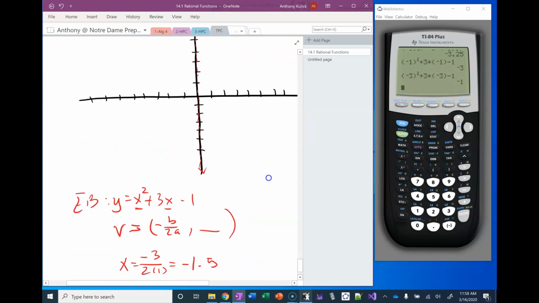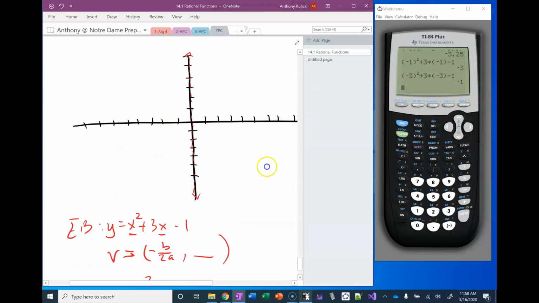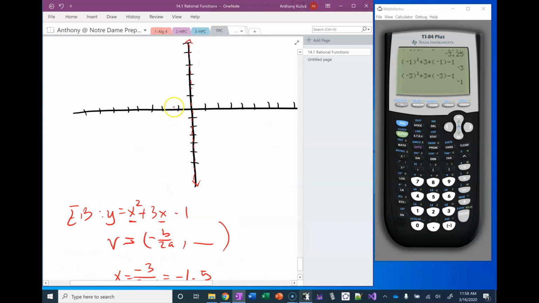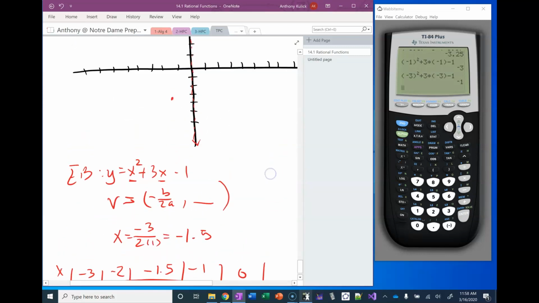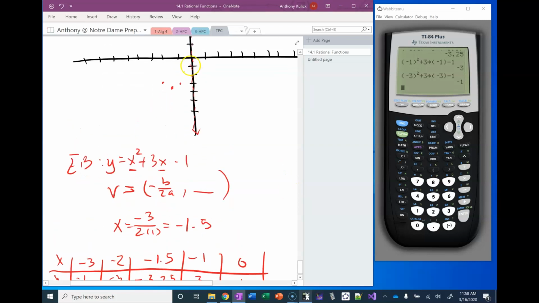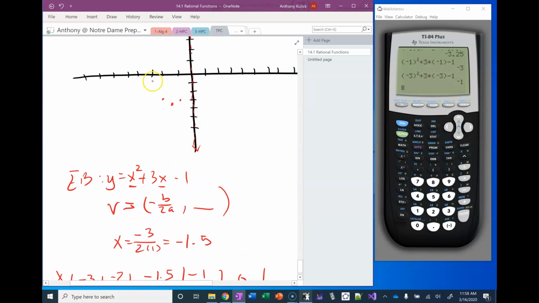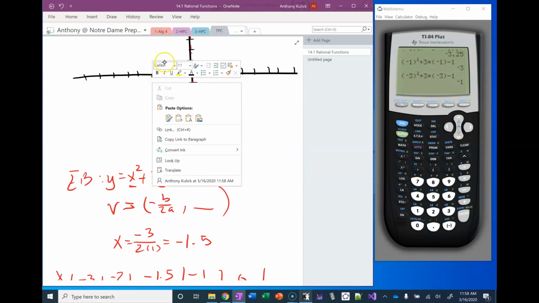So to draw this parabola, we're at -1.5 and -3.25. So we're down like there. I have -1, -3, and -2, -3, and 0, -1, and -3, -1.